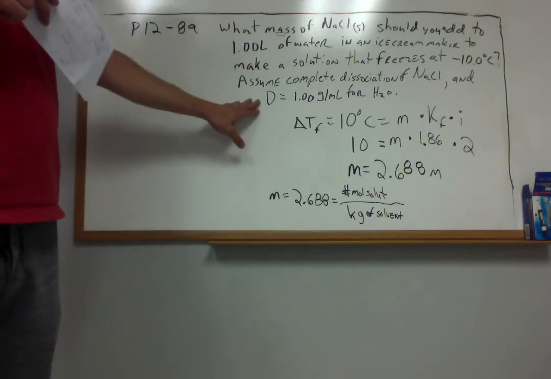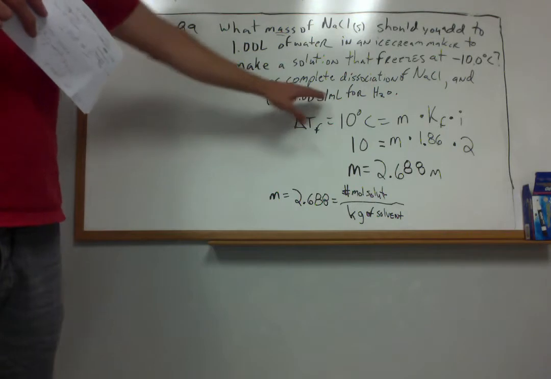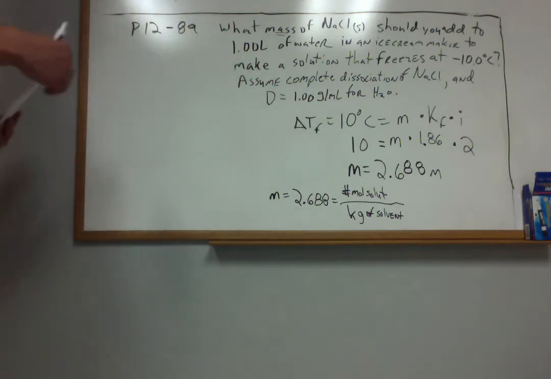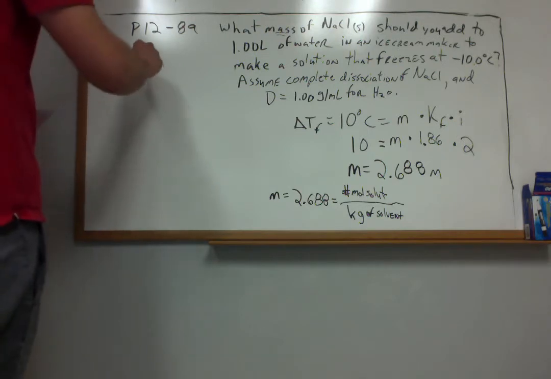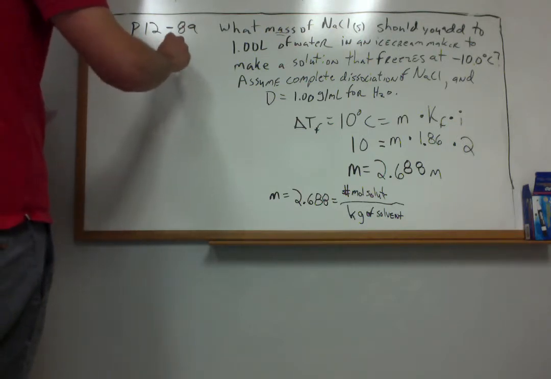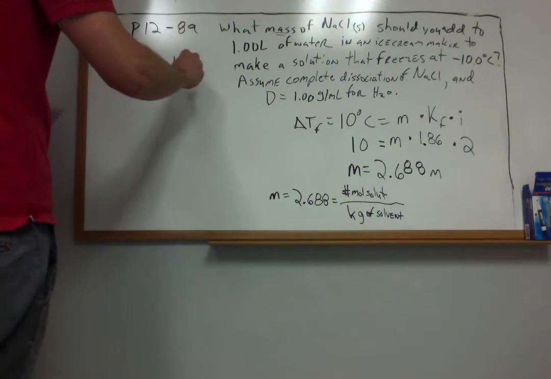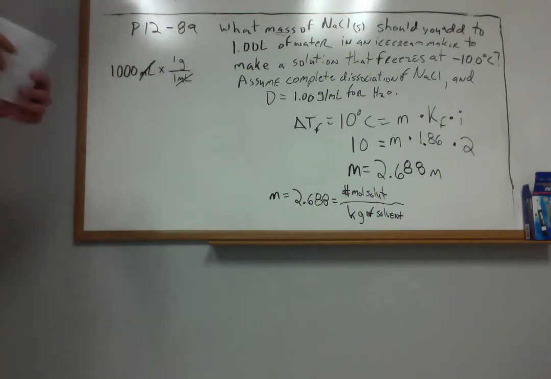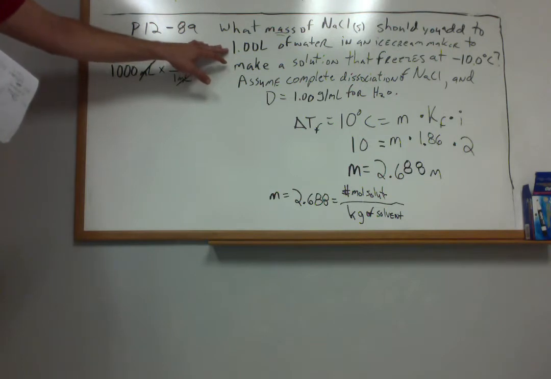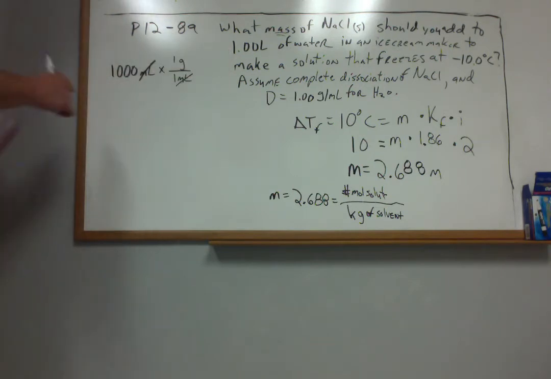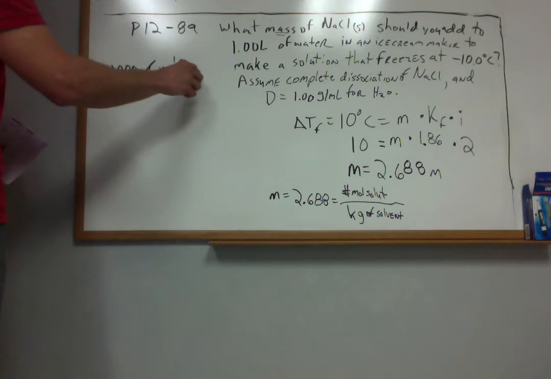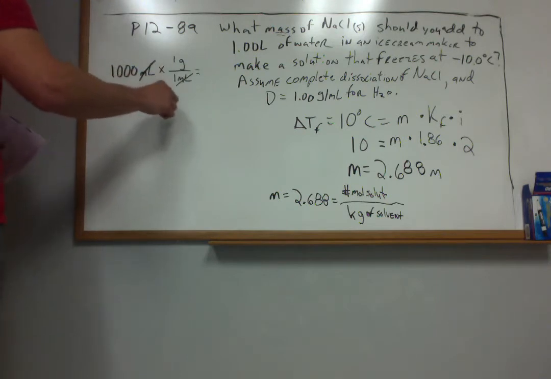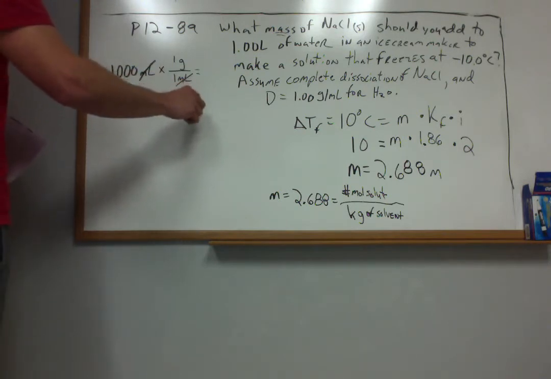I'm also told that the density is 1 gram per milliliter. So if I do a little bit of fumbling around here, and maybe this is obvious already, I can take this 1 liter of water, which is equivalent to 1,000 milliliters, right? And I can take that 1,000 milliliters and use my density as a conversion factor to figure out that I've got 1,000 grams of water.